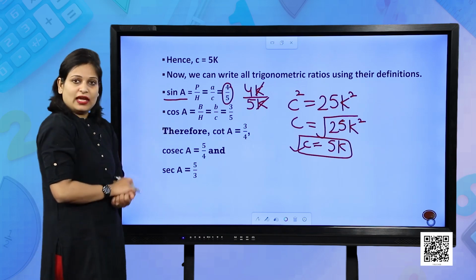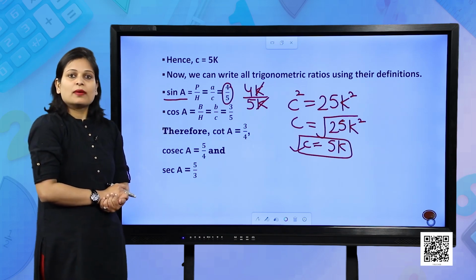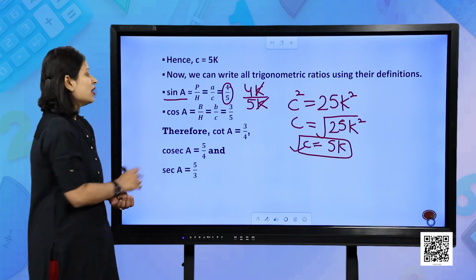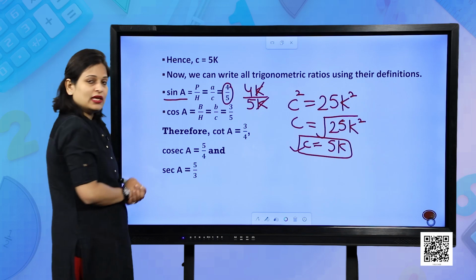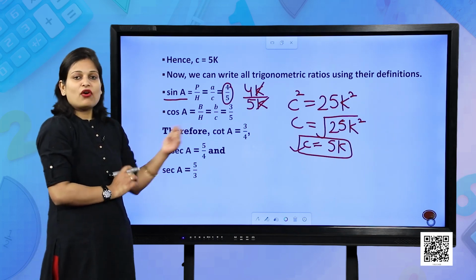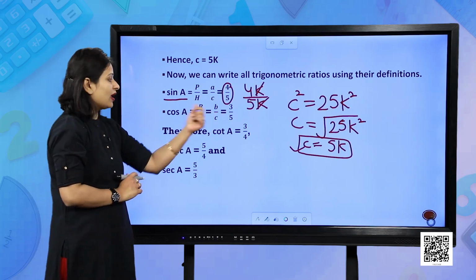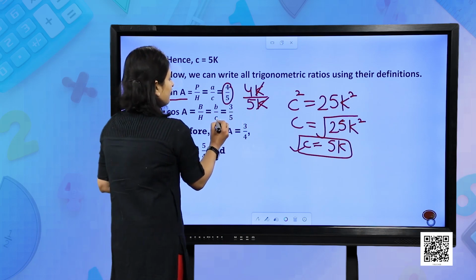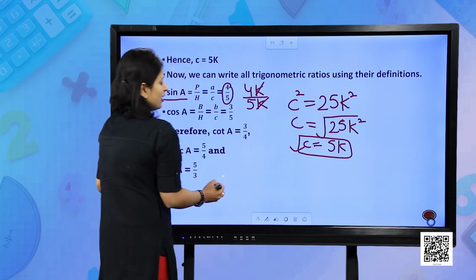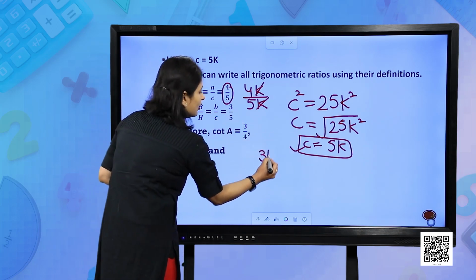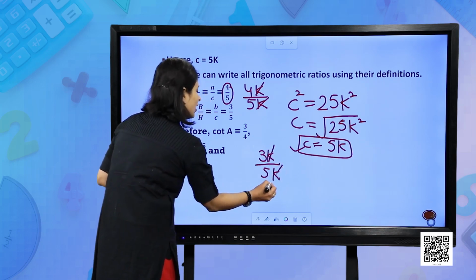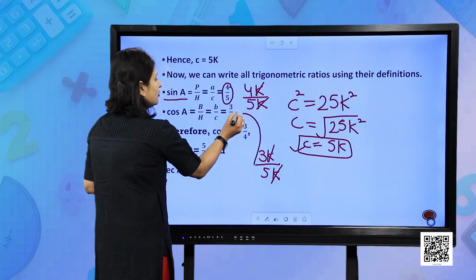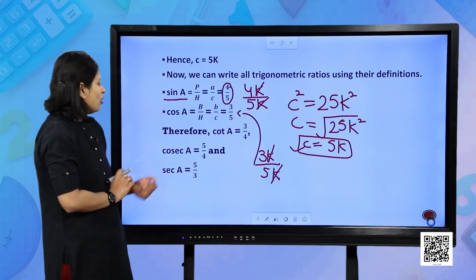Now cos A. Cos A is what? Base upon hypotenuse. Base is B, hypotenuse is C. And you know the value of B as 3K and the value of C as 5K. So 3K upon 5K. When you cancel out K, you will get 3 by 5.